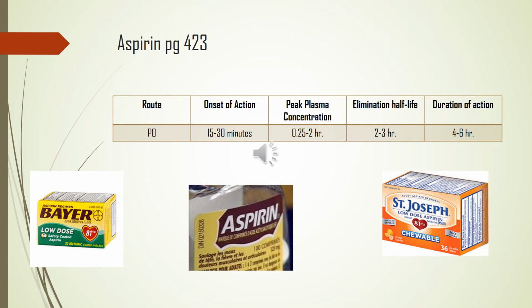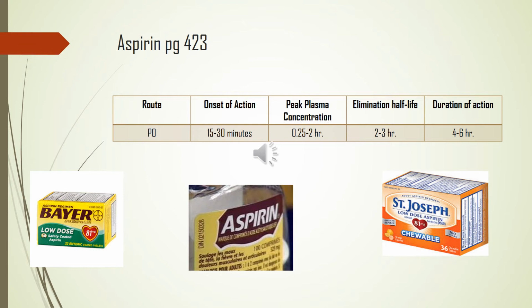The 81 milligrams is considered a low dose. So if they tell you this person needs to have a low dose of aspirin, they're talking about the 81 milligrams. Aspirin 325 milligrams, some people do take that. It just kind of depends on your provider. Typically 81 milligrams is what the American Heart Association and Cardiology also recommend.